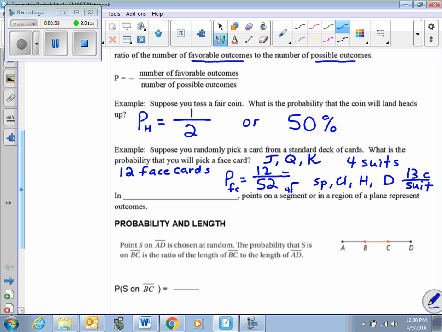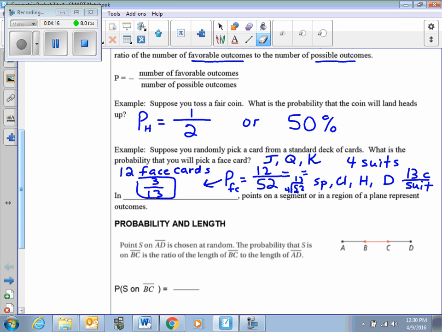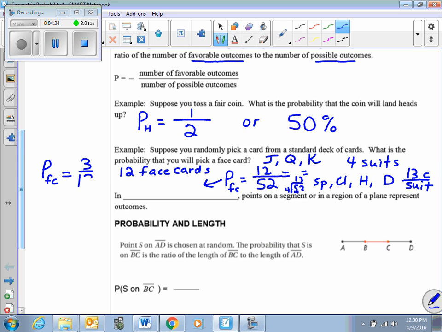Does 4 go into 52? I believe it does. 4, 12, so 13. When I simplify 12/52, I get 3/13. So the probability for a face card is 3/13.